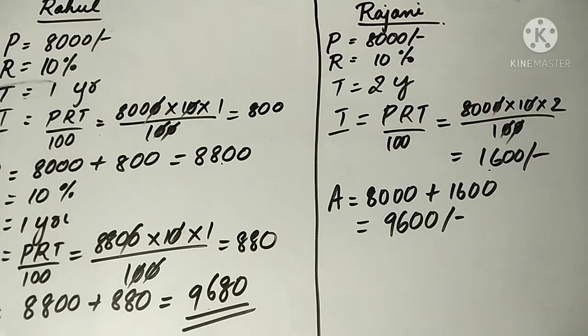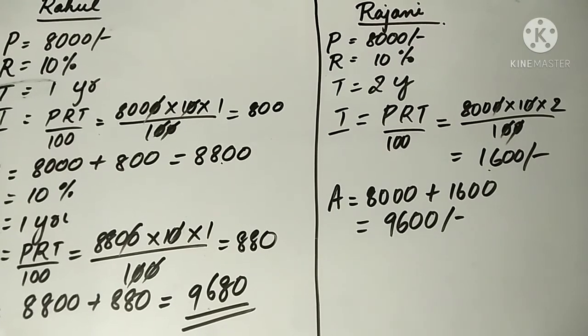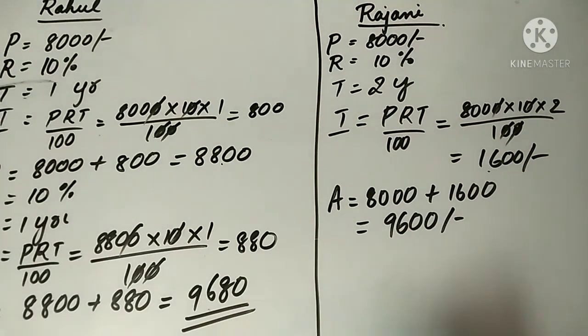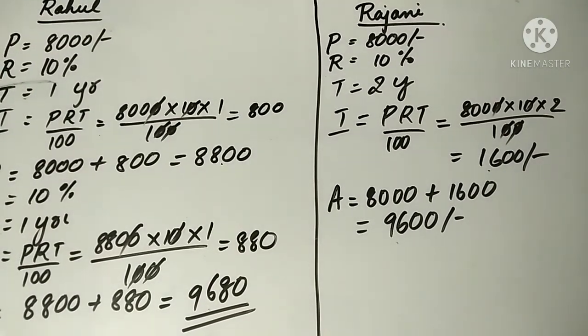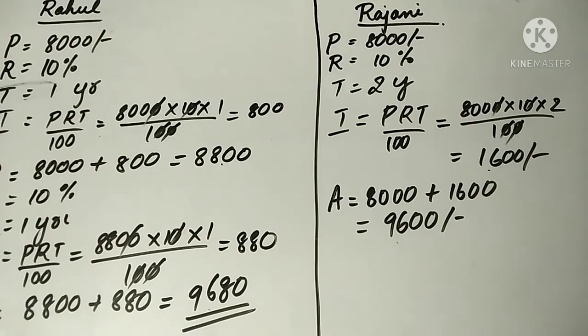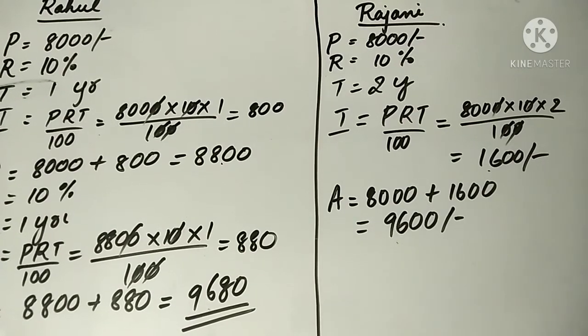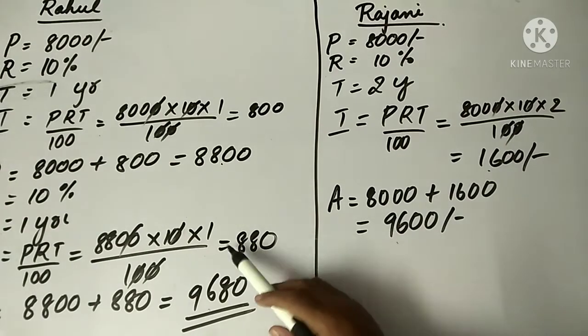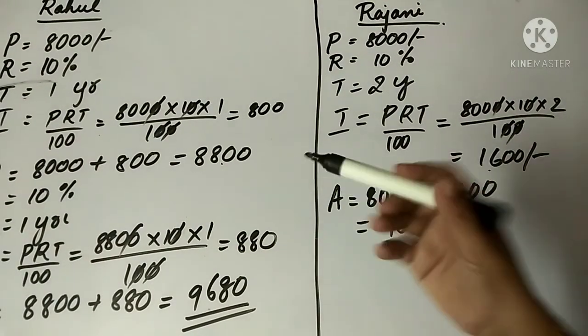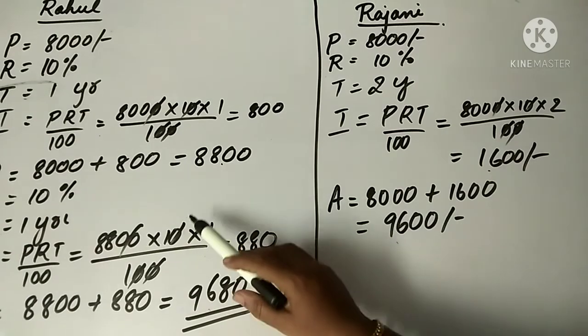According to the question, we have to calculate how much each got. So Rahul gets 9,680 and Rajani gets 9,600. According to the second part of the question, why are the amounts different? The amount is different because Rahul deposited the interest along with the amount in the second year.